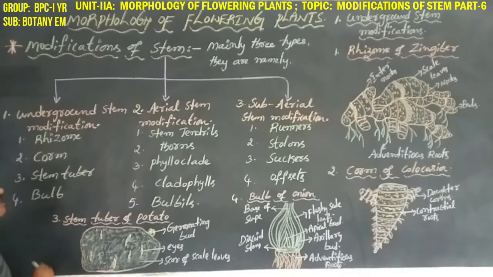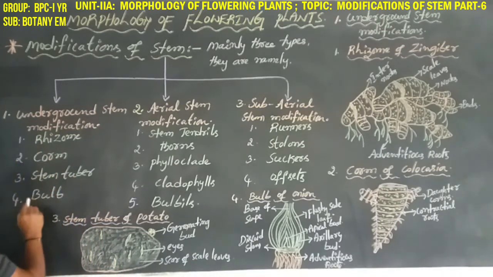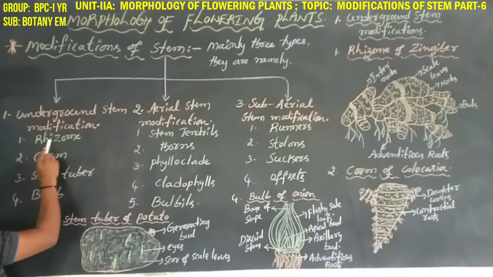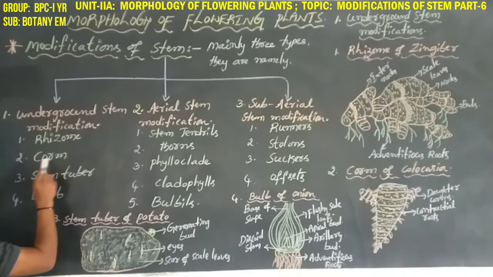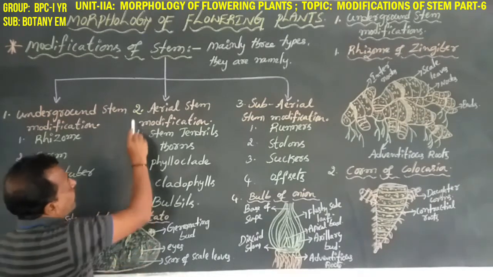Underground stem modifications, or multi-purpose stem modifications, are of four types, namely: rhizome, corm, stem tuber and bulb.